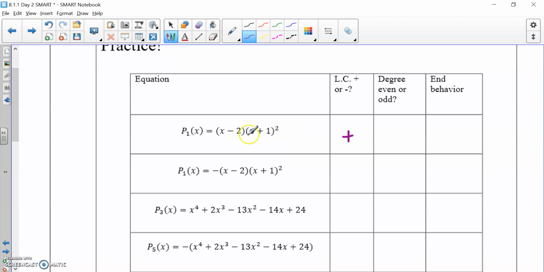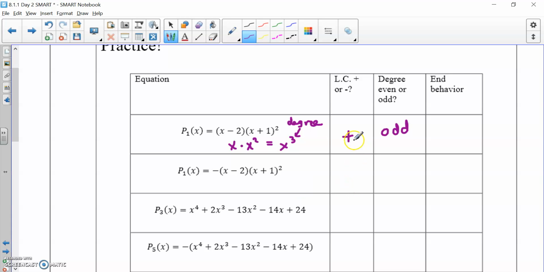And the degree, we have 1x here, and we have an x squared here. So x times x squared gives us an x cubed, which means that our degree is 3. 3 is indeed an odd number, so we're going to say that we have an odd degree. Now let's look back at our table.